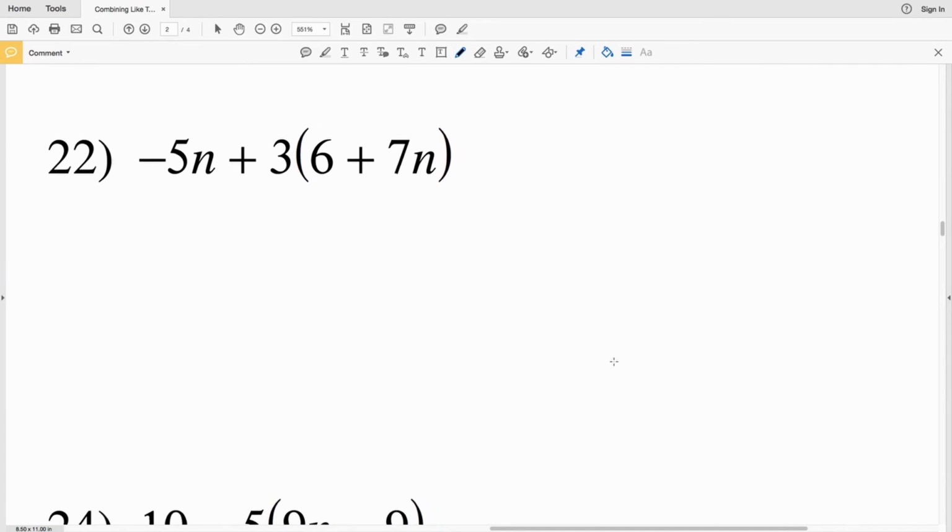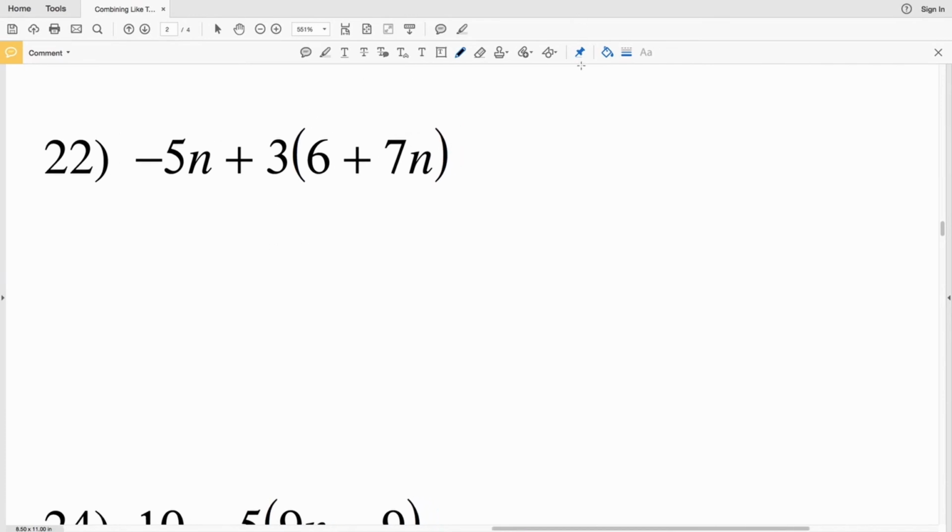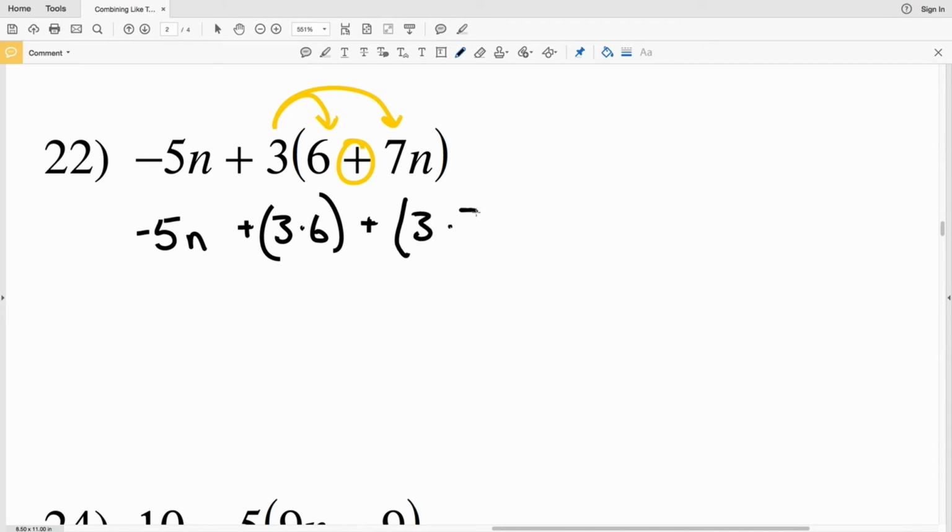Number 22, again, we're going to need to use the distributive property. So multiply this 3 to the 6 and multiply that 3 to the 7n, adding the two terms. So this is going to be negative 5n plus 3 times 6 plus a 3 times 7n.